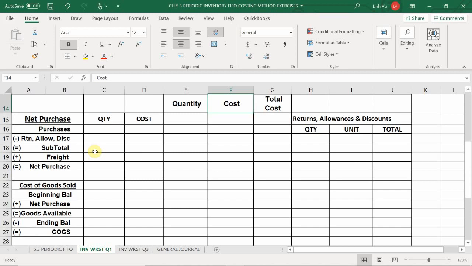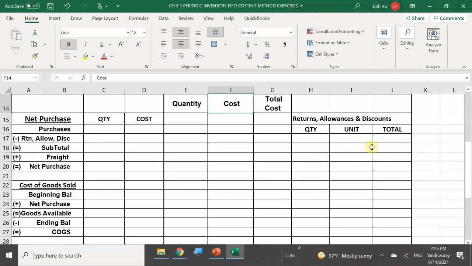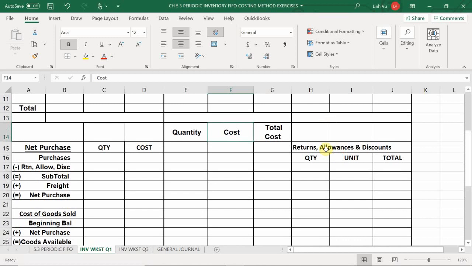So when we figure out we need to take out this batch here, this is where we put it, so we can make sense of which batch came here and how we're going to calculate it. And then the last three sections, which we'll talk about next week, are in case there is a purchase return, an allowance, or a discount. We won't talk about it until next week. So again, I just want to make sure that you understand how to fill this table out. As you make your returns and allowances, that's where you're going to plug it in, the bottom right column.